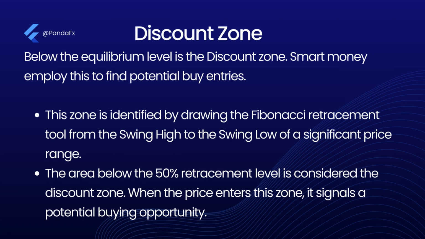And like I said before for the premium zone, it doesn't mean that for every price leg you draw 50%, look for the discount zone, and then you only buy. You have to pair it with all other things.